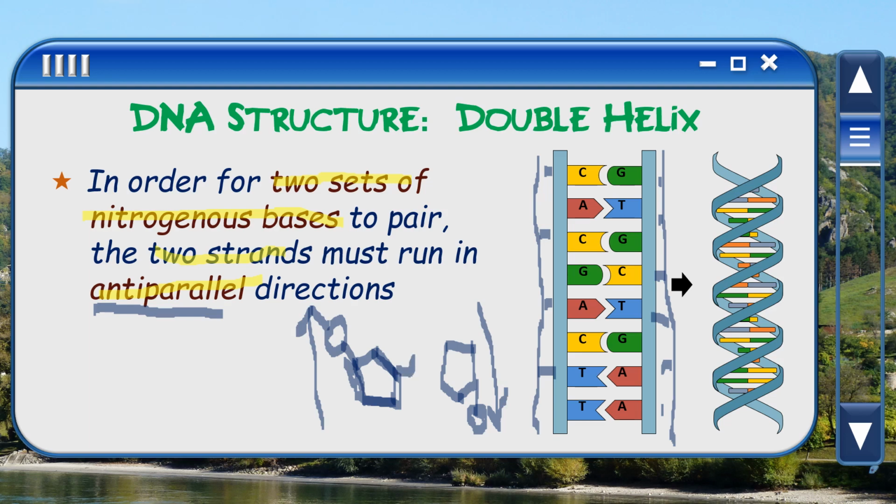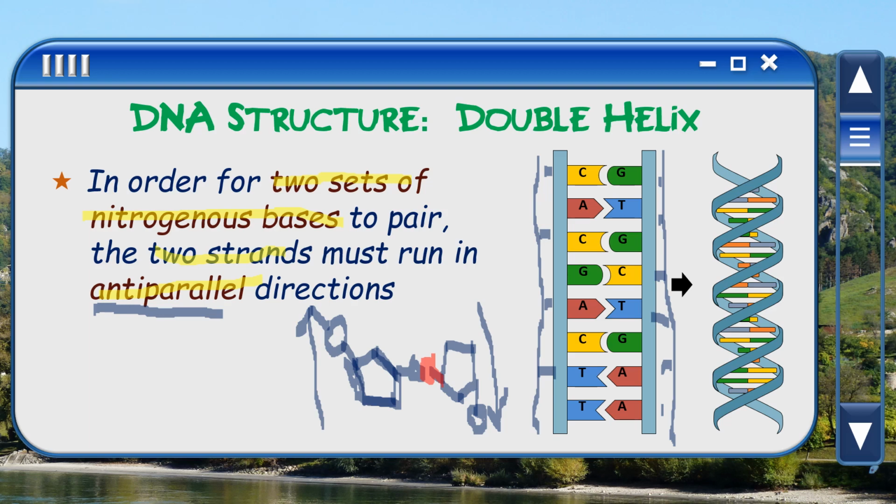So the base here will connect with the base the other side. That base there will connect with the base which is coming from this side. So here we shall have another base from this side, and another base here. For those two bases to connect to each other, the strands should be in opposite direction.